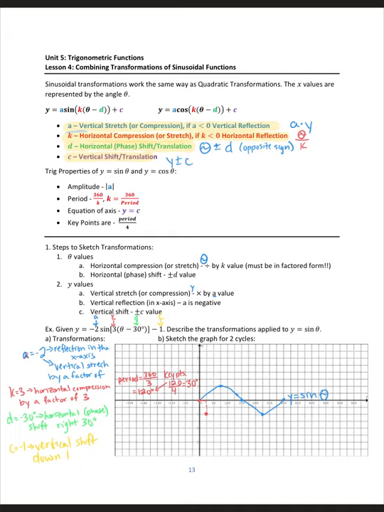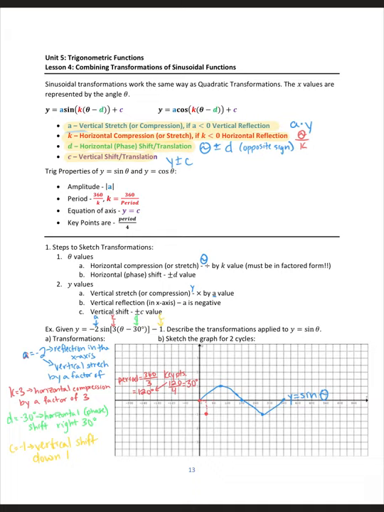Okay, so this point, which is at 90 and 1, well, I know my next key point is coming every 30 degrees. So I need to go 30 degrees from my last point. So I'm going to be somewhere around this 60 here. Okay, so from that 60, my maximum is usually 1, but I have to stretch that by a factor of 2. So that tells me I have to go up to 2, but I also know that has to be reflected over the x-axis.